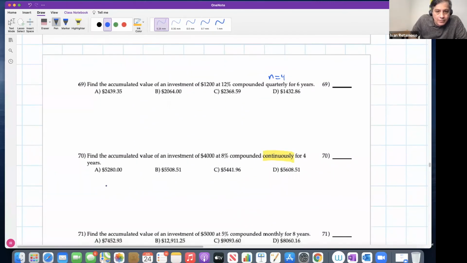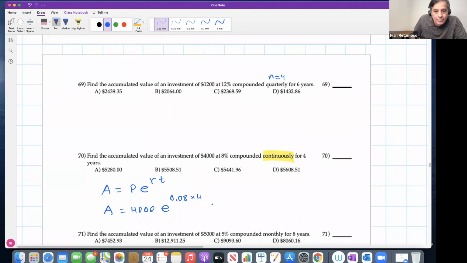So we're going to use this formula now. A equal P investment multiplying e, Euler number, raised to r multiplied by t. A accumulated value will be present value 4,000 times e, Euler number. r is here 8%, but we write 0.08, right? This in decimal form, multiplied by time in years, 4 years. So this, right?